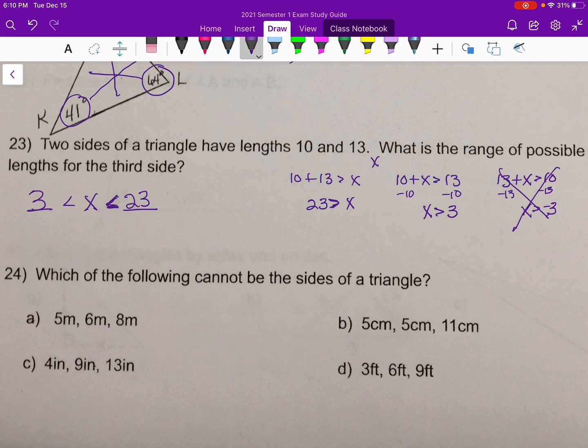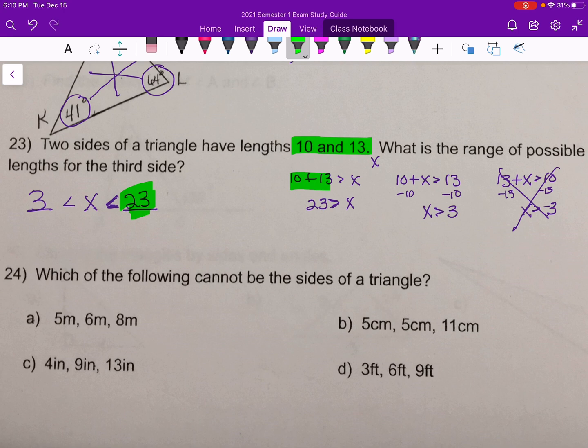The largest is 23. And let me just point something out to you, for those of you who weren't in class, and maybe you haven't caught this for yourself. When we check those 3 possibilities, 2 work, 1 doesn't, and we throw it out. For one of them that works, we add the 10 and 13 together, and that gives us the top number.